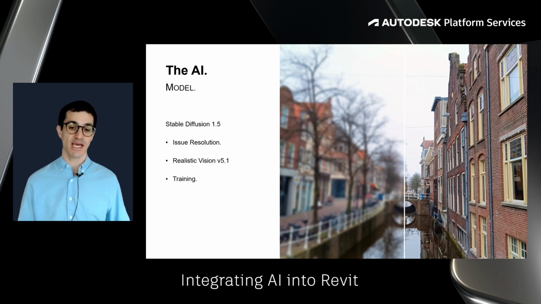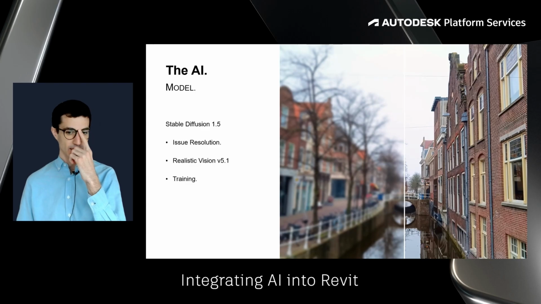This model was fine-tuned for hyperrealism and photorealism, and therefore it was generating highly detailed images of interior design and exterior images. But I found one limitation with Realistic Vision 5.1, but also with other AI models that I tried and worked with.